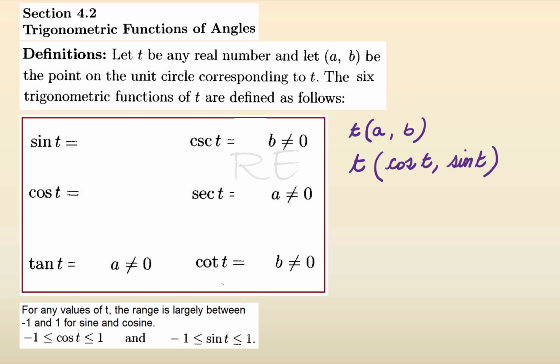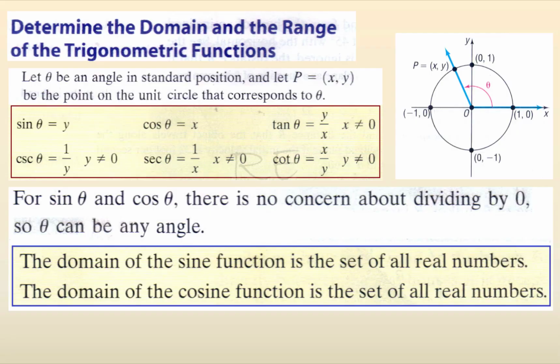Therefore, sine T will be B, cosecant T is 1 over B, cosine T will be A, and secant T is 1 over A. Tangent T will be B over A, with A different from 0. Cotangent T will be A over B.